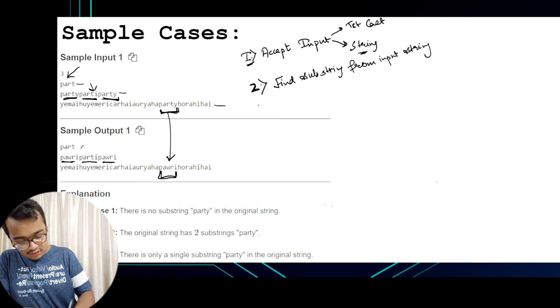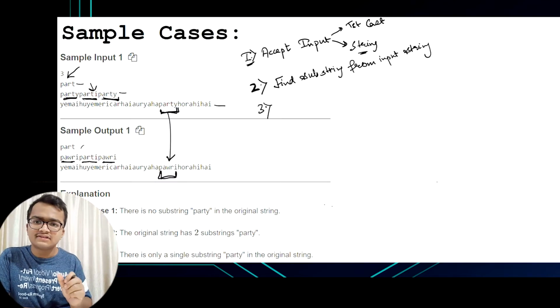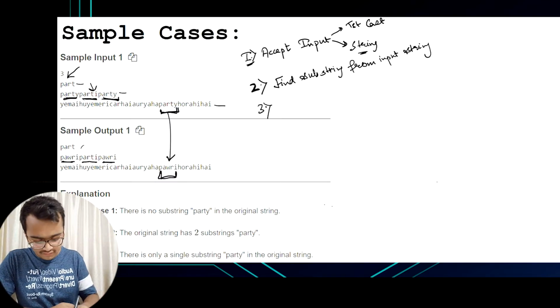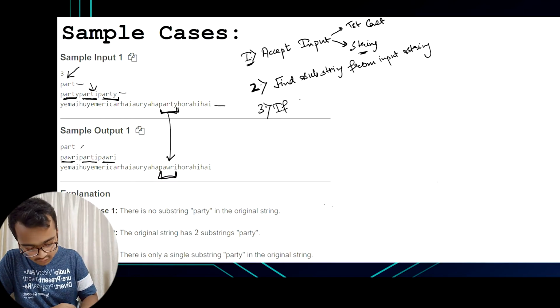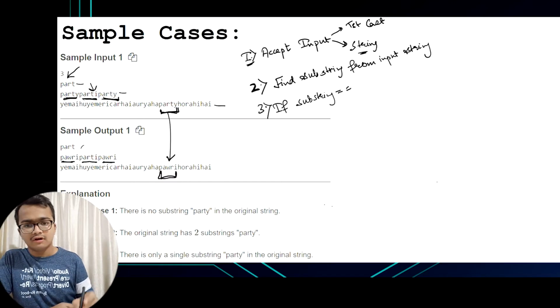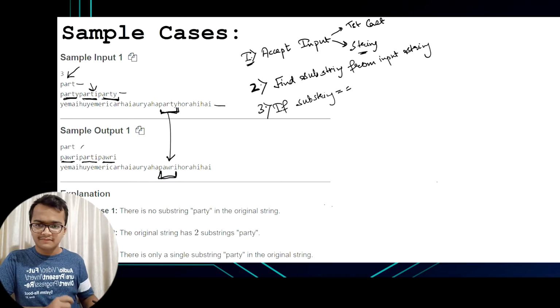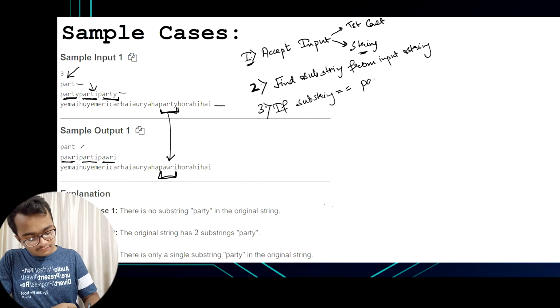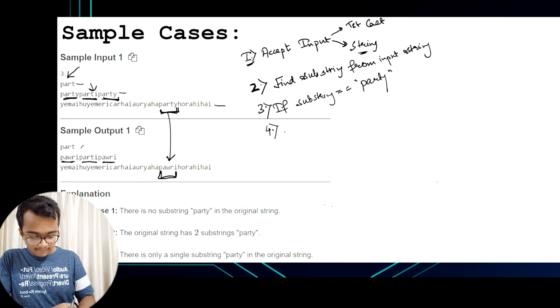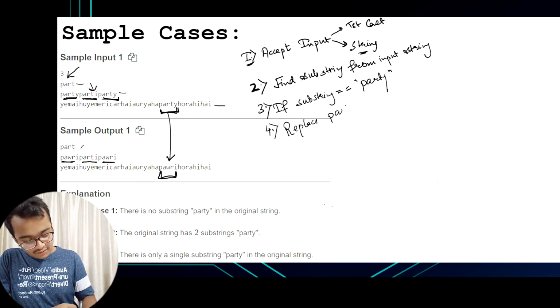Okay, now if that particular substring is equal to party, we are comparing the substring, is equal to party, then what will I do? I will replace party by Pawri.